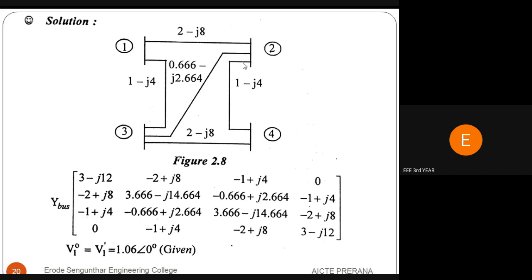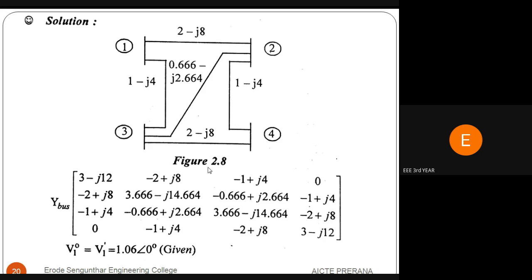For Y32, it is minus 0.666 plus j2.664. For Y33, three admittances are connected with the third bus, so they are added, real and imaginary parts separately, giving the final answer 3.666 minus j14.664. Finally, for Y34, the relation 2 minus j8 multiplied by minus 1 gives minus 2 plus j8.